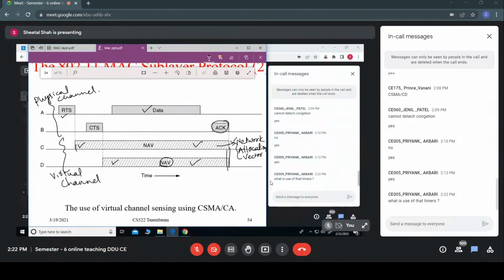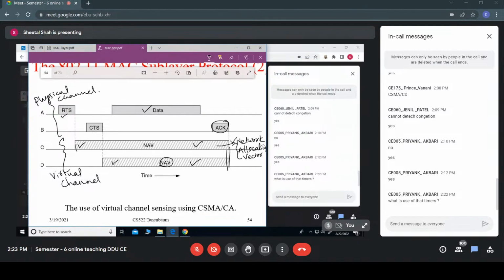What is the use of the timers? If the timer is not used, suppose RTS is sensed, CTS is sensed, and while data is transmitting, assume that station D, because A is transmitting the data and D cannot sense that data, it cannot sense the channel.